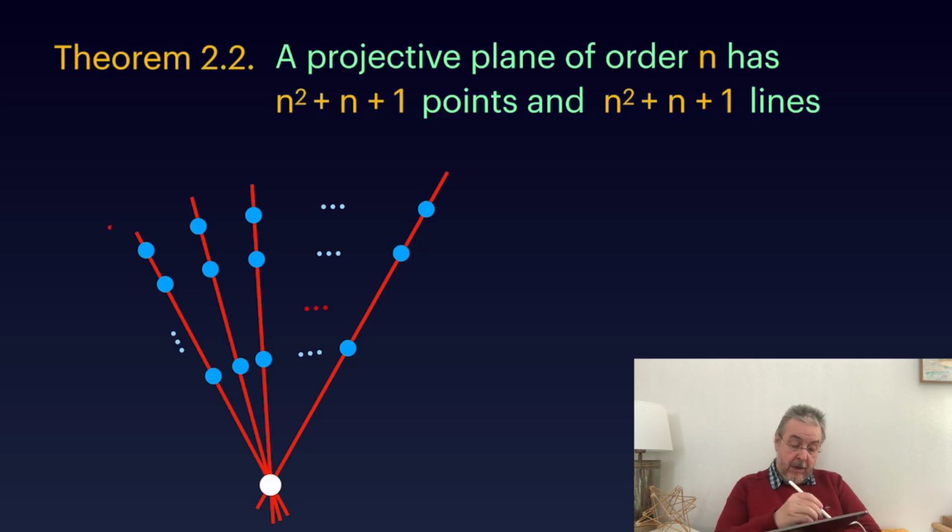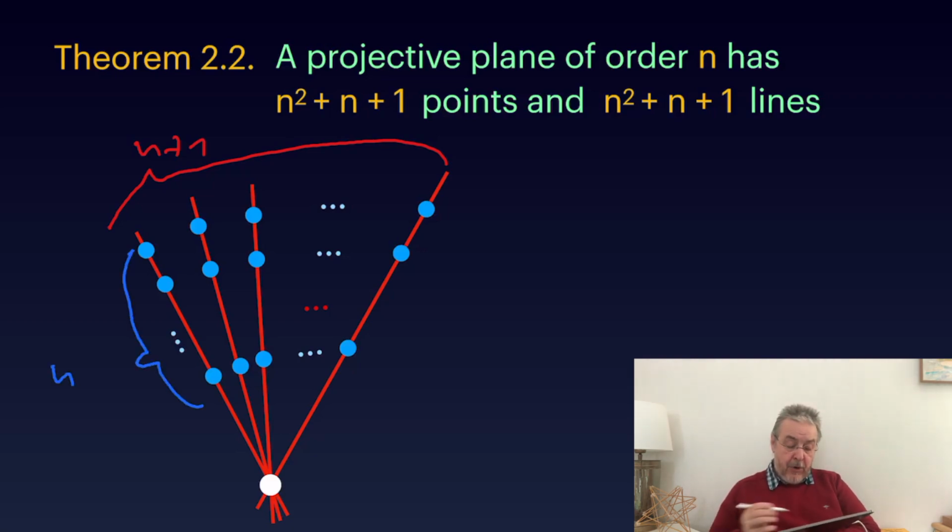So let me annotate it once more. So you have n plus 1 lines and n additional points, and you have this 1 point here.